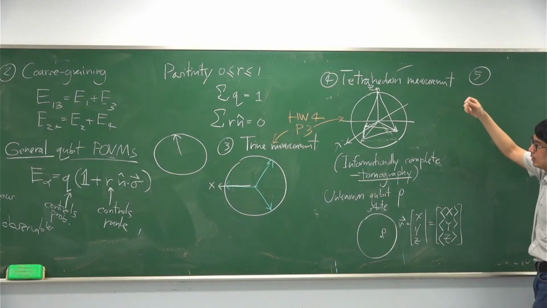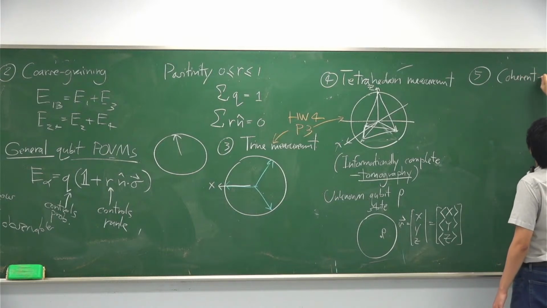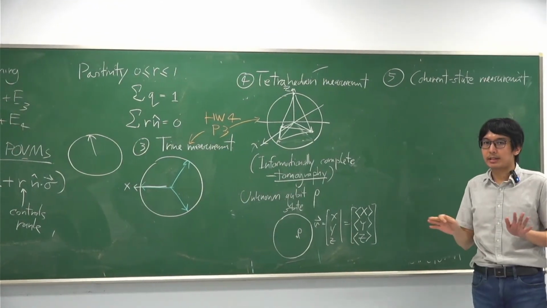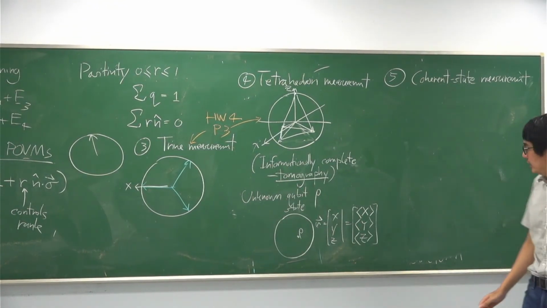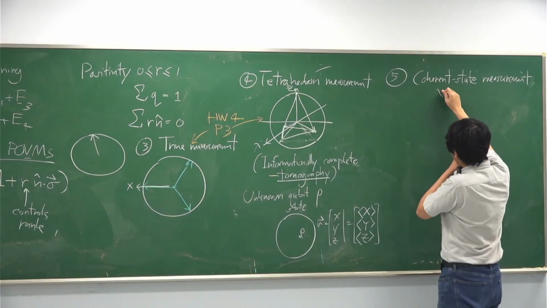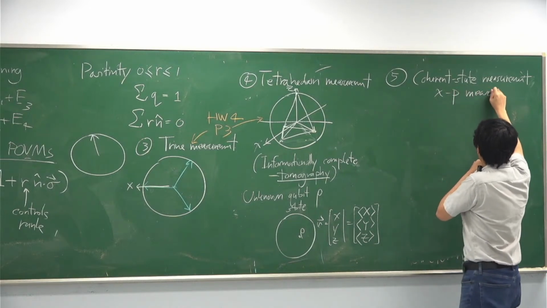So, last example, just because I want to give an example in the continuous variable setting, the infinite-dimensional Hilbert space setting. It is basically simultaneous X and P measurement.